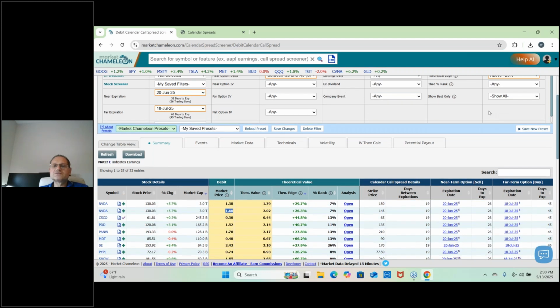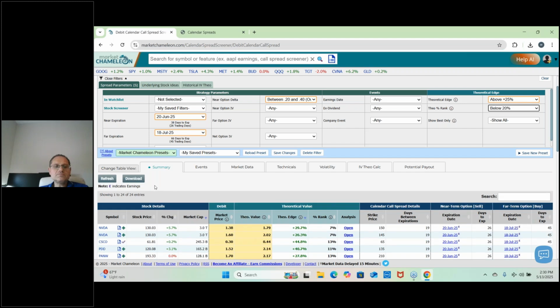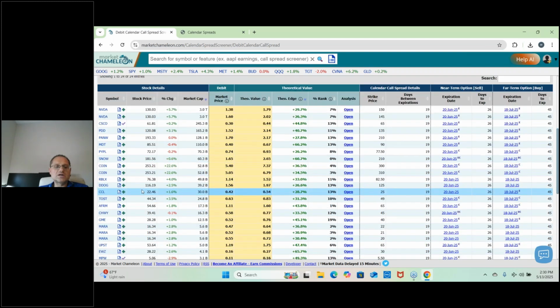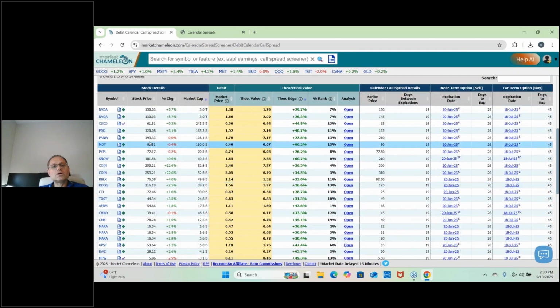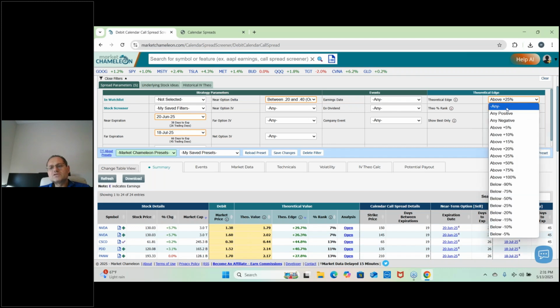Okay, so we could even give that maybe a below 20%. So you could see how quickly I'm narrowing things down. Now it's 24 stocks or 24 calendar spreads that met the conditions that we just talked about. I'm going to release these for now.